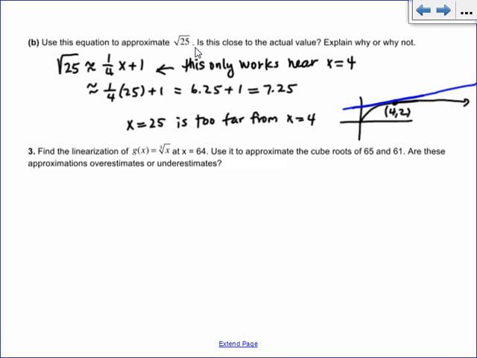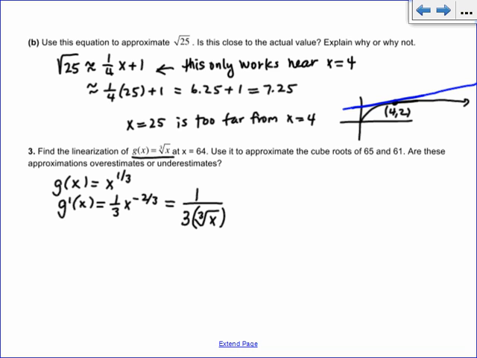All right, so it says find the linearization of this at x equals 64. If I have g of x equals the cube root of x, I have x to the 1/3. So I'm going to have g prime of x equals 1/3 x to the negative 2/3. Really this is 1 over 3, and since it was negative, it's on the bottom. So I'm going to have the cube root of x, and I'm going to take that result and square it.